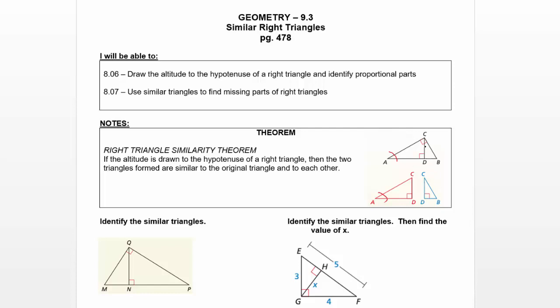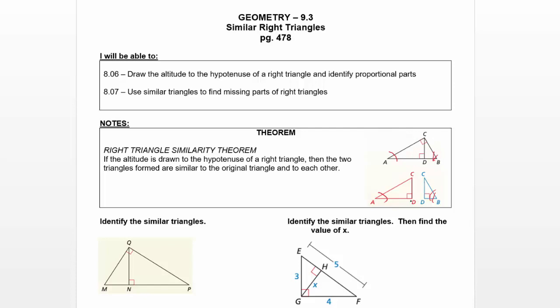On a very similar note, the blue triangle and the original triangle have to be similar because they each have a right angle. And this time this blue angle, angle B, hasn't been changed at all. It's the same as in the original big triangle. So this blue triangle is similar to the original black one.